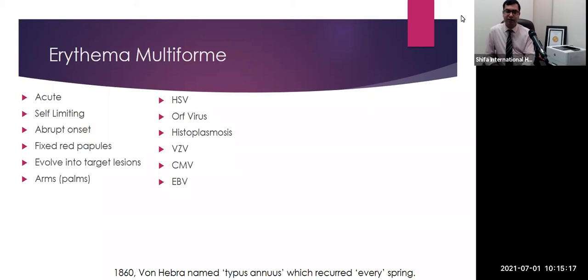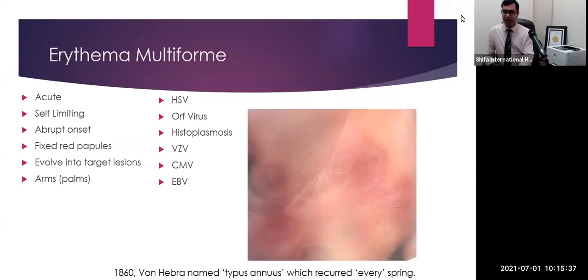It's acute, self-limiting, abrupt onset, fixed red papule. So this just gives you the whole idea within two lines. Targetoid lesions are pathognomonic, mostly on the palms. Other parts of the body can be involved, and it's predominantly viral. So HSV1 and HSV2 are more common in young children.